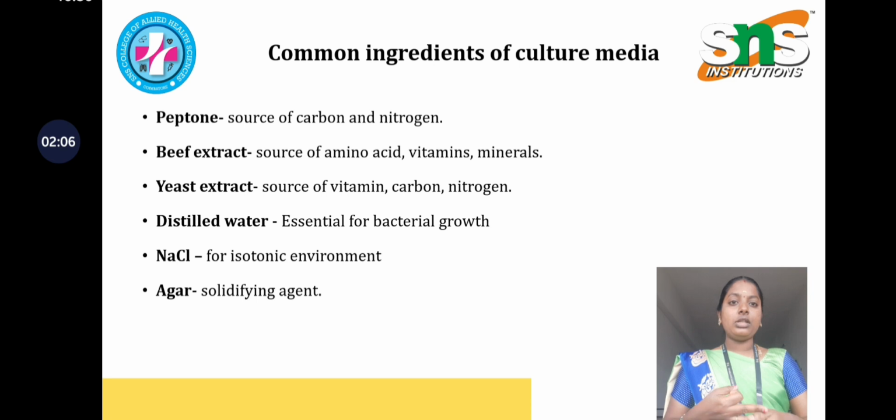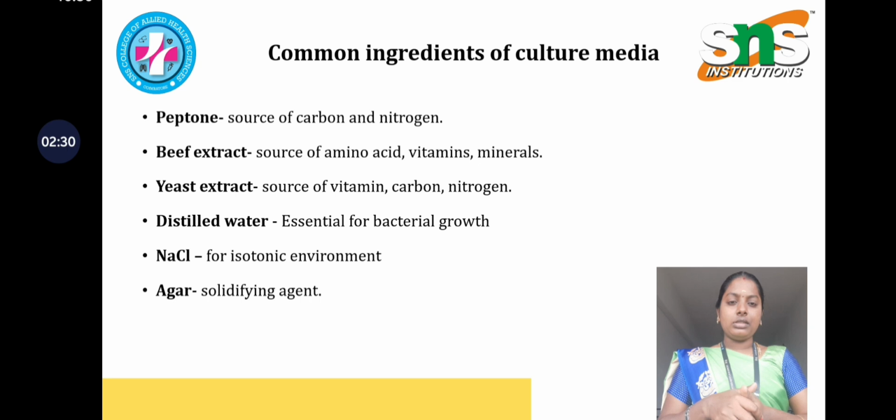Distilled water is mainly essential for bacterial growth, and sodium chloride is for maintaining the isotonic environment. An isotonic environment is one where the fluid in and out is in a balanced condition. This is termed isotonic, and sodium chloride is necessary for maintaining the isotonic environment for the microorganism.